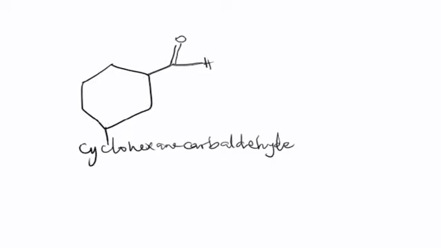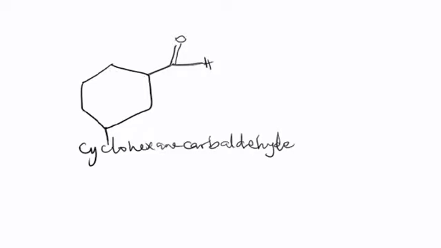Now notice that if I number this the other way around, 1, 2, 3, 4, 5, I'll get a higher number here, so this will be 5-methyl. You know that usually what we want is to get as low a number as possible, so I'll have to maintain the lowest number I can.